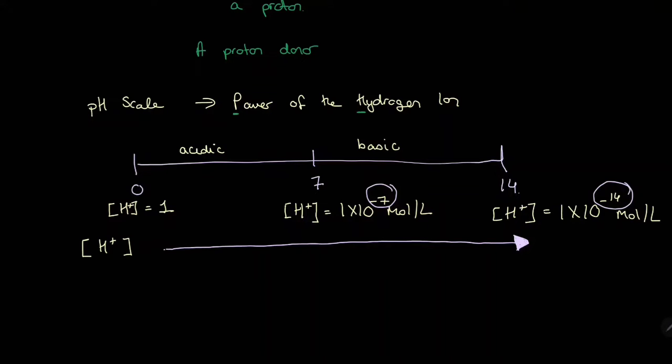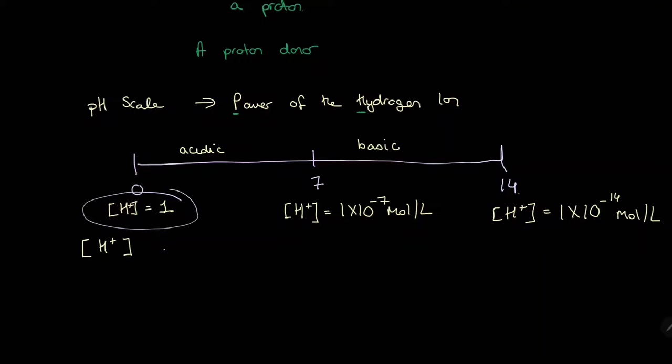Well, the minus 7, because that's a bigger number, it contains more hydrogen ions. This number over here contains very few hydrogen ions, so it's more basic. And on the other side we have a very strong acid which contains a lot of hydrogen ions, 1 mole per liter. So that's where your pH scale comes from, and that's where the numbers 0 to 14 come from.